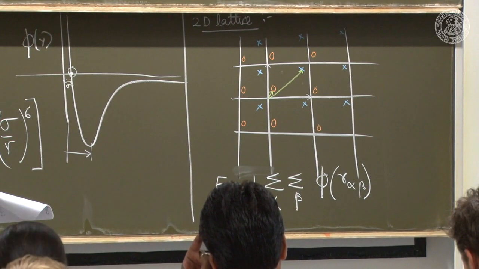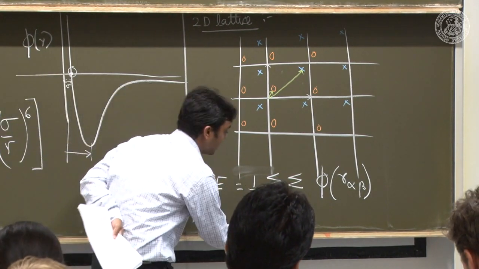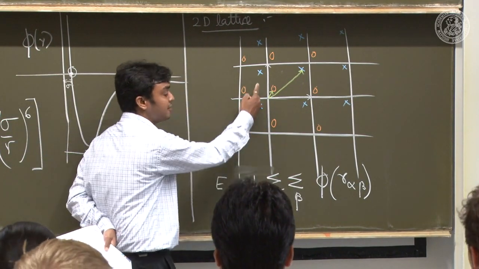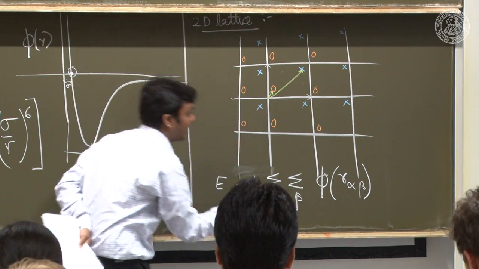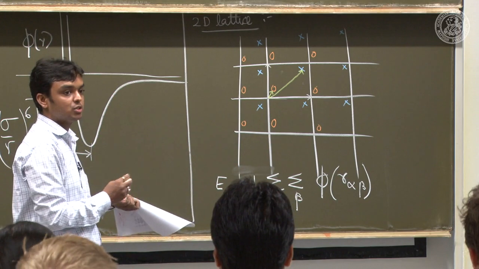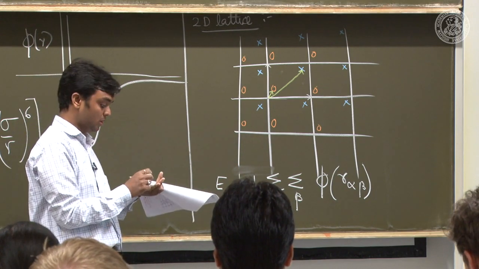Here alpha is the basis atom, and here it is 1 and 2, since you only have two basis atoms. So alpha runs from 1 to 2.